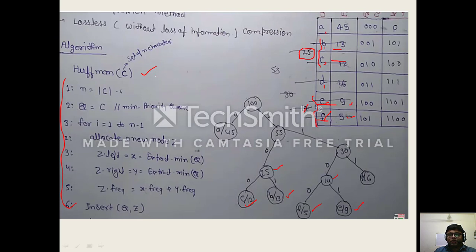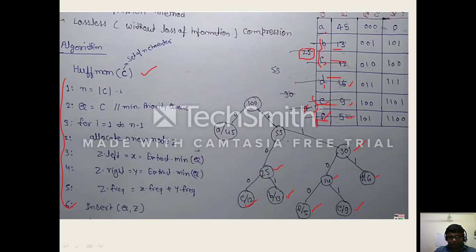So we will pick 14 and 16. 14 is already there, so this 16 will be its right node, and D will be this node. So 14 plus 16 cumulatively will be 30. Then D will be removed.